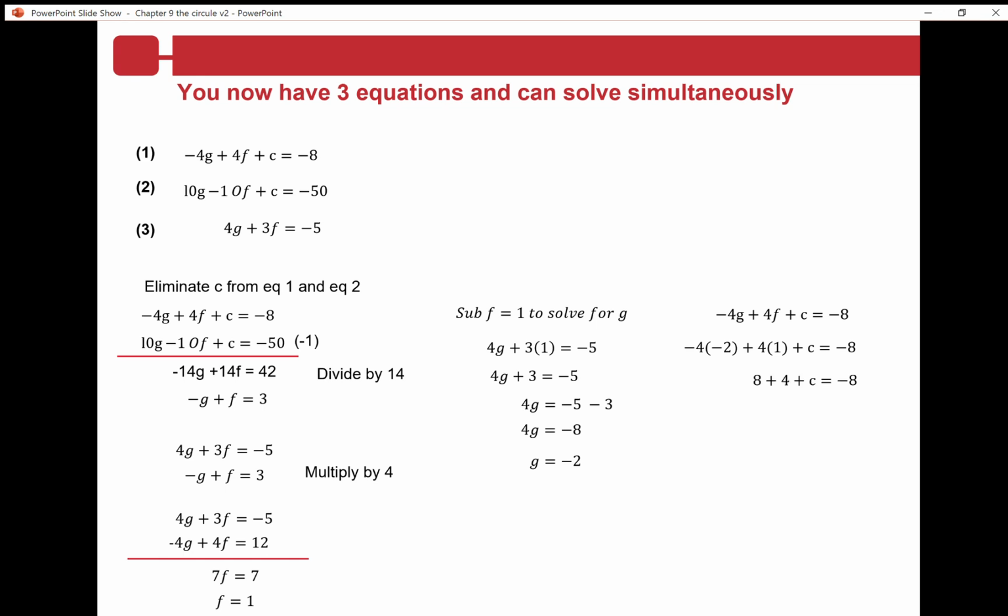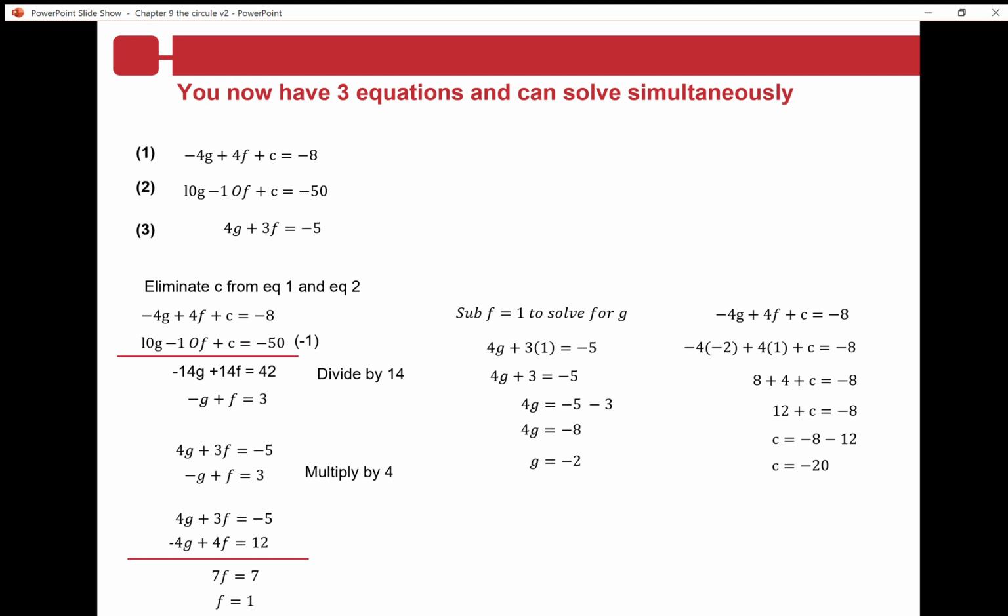This leaves me with 8 plus 4 plus c equals minus 8. 12 plus c equals minus 8. c is equal to minus 8 minus 12. That's bringing your 12 to your other side. And c is equal to minus 20.